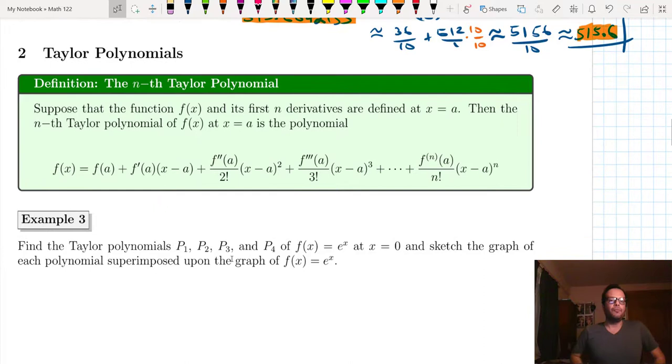So when it comes to talking about a quadratic approximation, a cubic approximation, or a quartic approximation, etc., what we are doing is something that in general is called Taylor polynomials, right? So a Taylor polynomial, which is defined using this big expression right here. Yes, it looks big, looks a little bit scary, but we are going to get the hang of it, right?